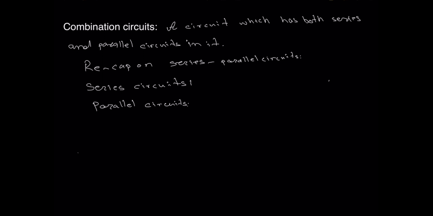In a series circuit we have three rules: the current stays the same at every point of the circuit. So the total current supplied, IT, will be equal to I1, the current in resistor number 1, and the current in resistor number 2, and so on.